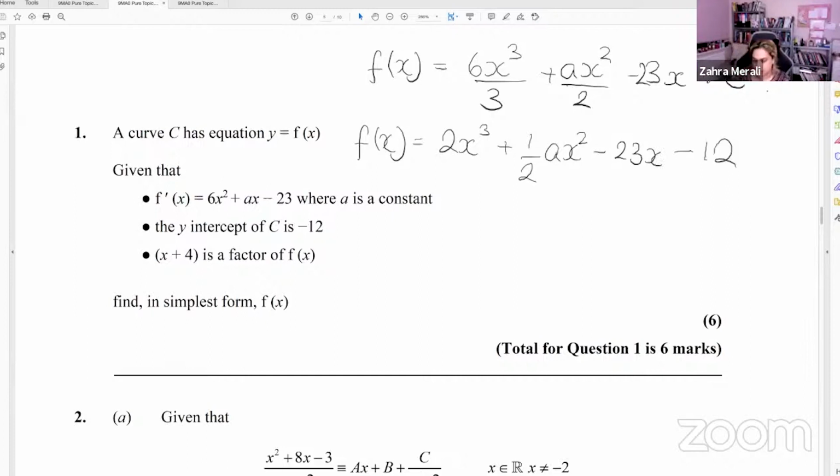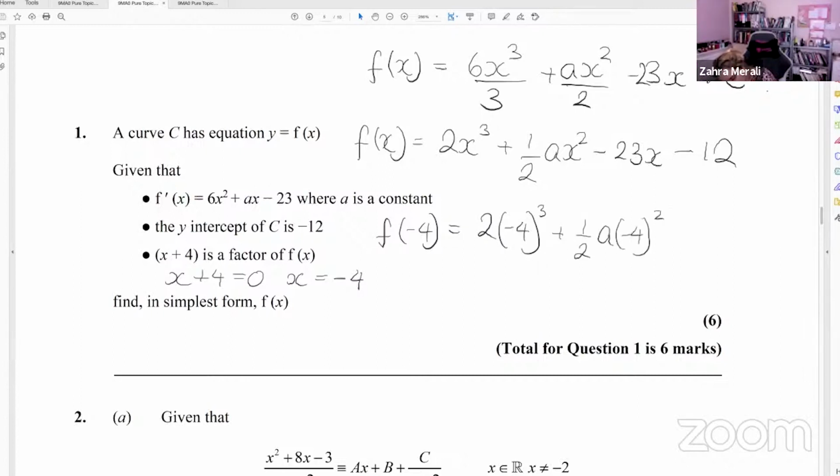And we know x plus 4 is a factor, so x plus 4 equals 0 gives you x equals minus 4. So f of minus 4 equals 2 times minus 4 cubed plus a half a times minus 4 squared, minus 23 times minus 4, minus 12, and that equals 0.